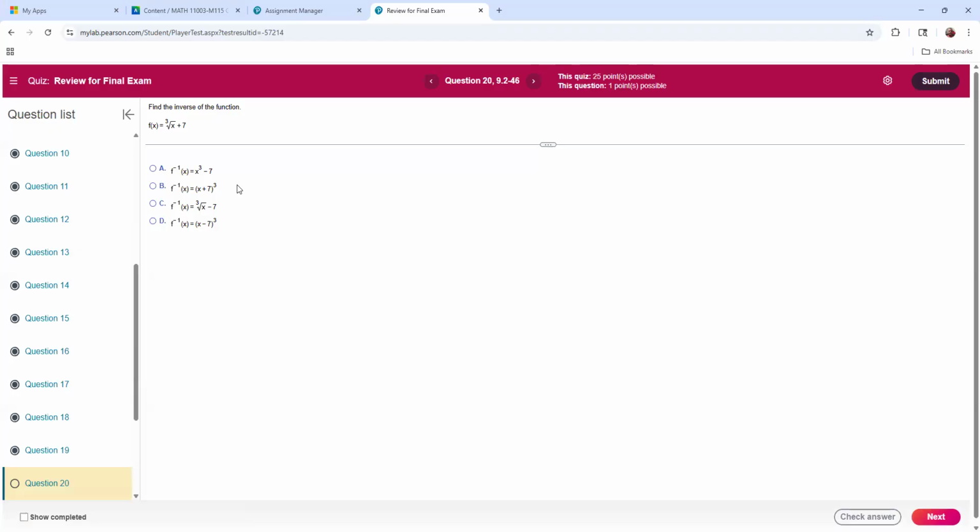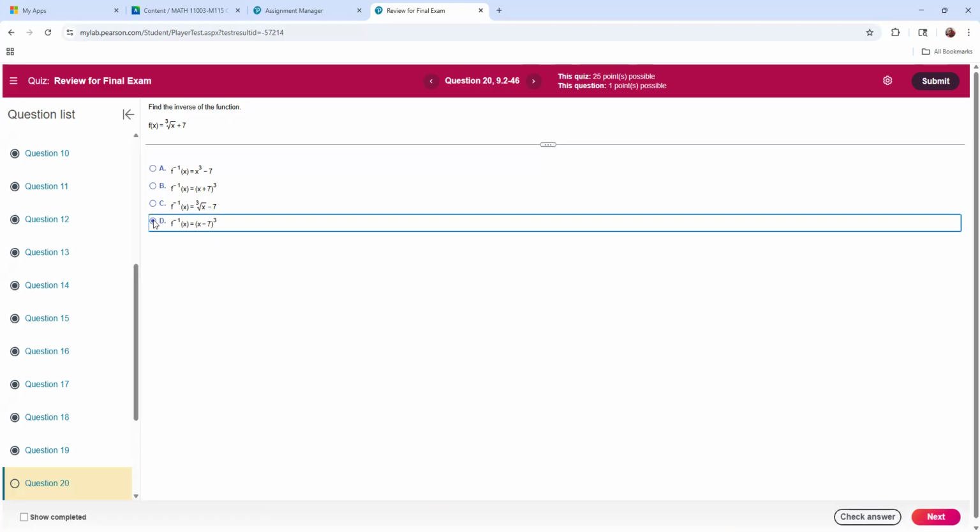So I had A, whoa, be careful. A has x cubed minus 7, which is close, but it's not right. We wanted the one that looks like D, x minus 7 cubed, okay? All right, y'all, at that point, next.